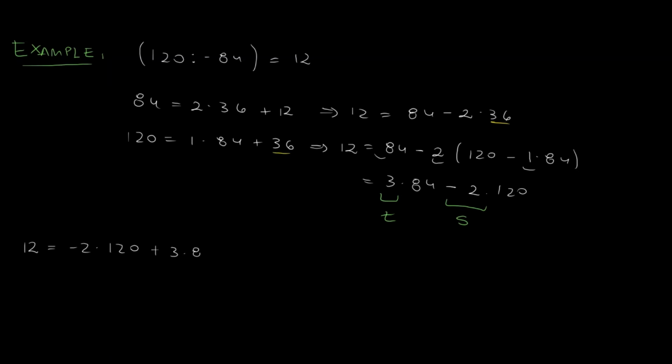We have here, however, that it was minus 84. So what we can do is write it as minus 2 times 120 plus, and instead of writing plus 3, we write minus 3 times minus 84. So from here we get that s is minus 2 and t is minus 3.